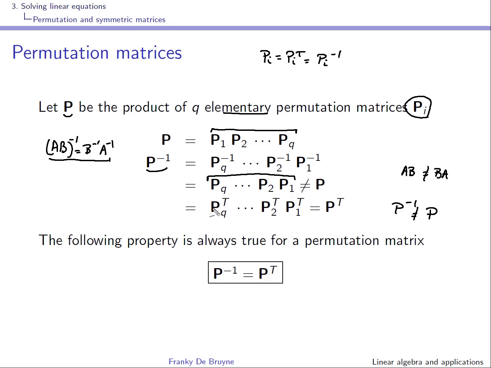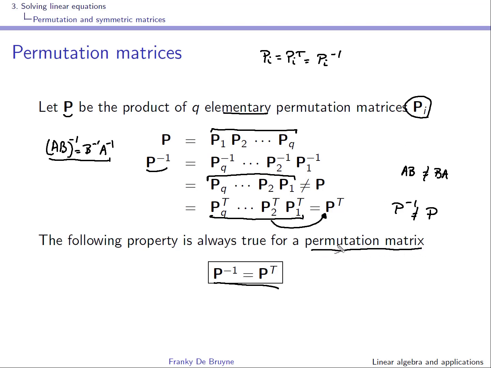So we can write the transpose, and this indeed is equal to the transpose of P. So we have that P minus 1, the inverse of P, is equal to its transpose.